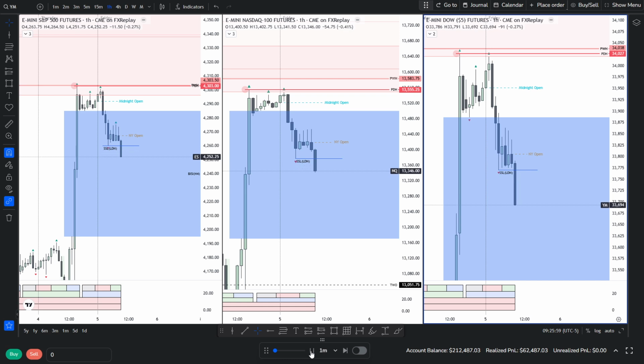So we're getting to equities open now. Probably see this expand lower. We'll see.